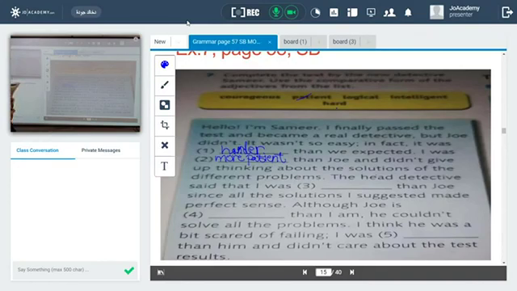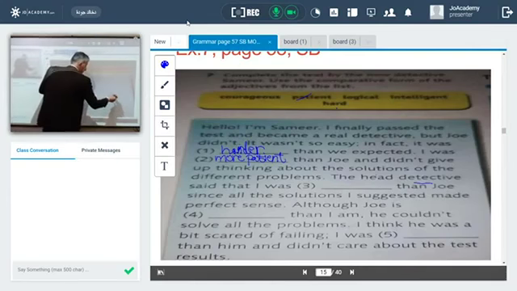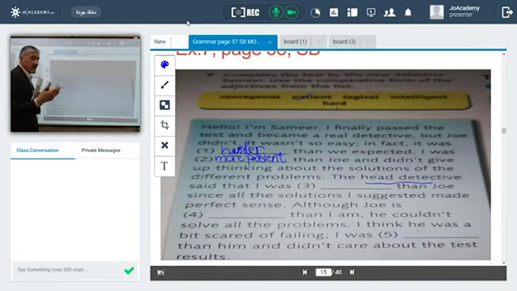The head detective said that I was blank than Joe, since all the solutions I suggested made perfect sense. The head detective means the boss, Rais. So the boss told Samir that he was what?